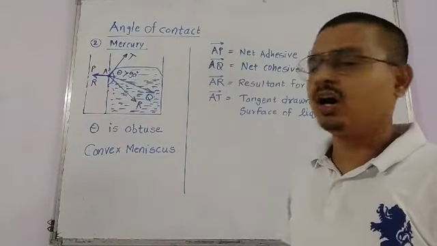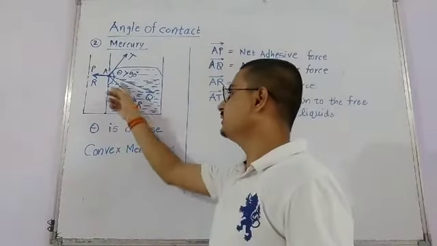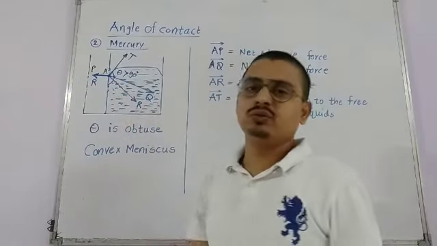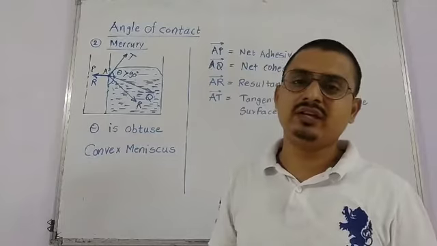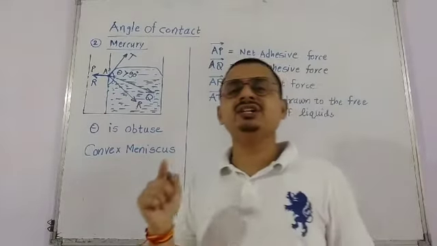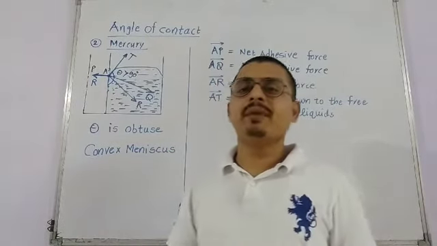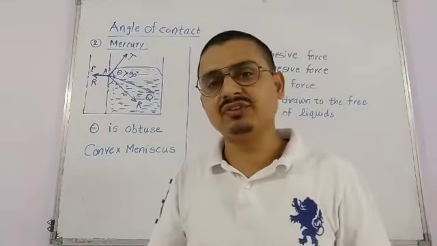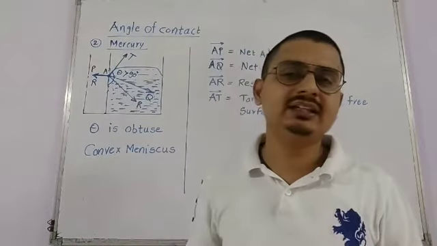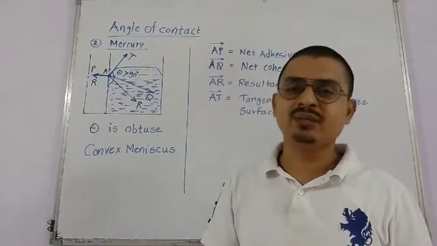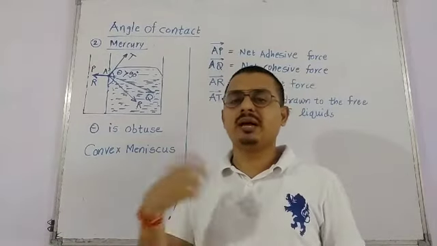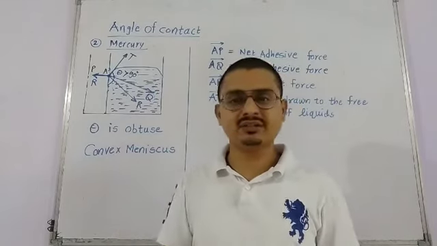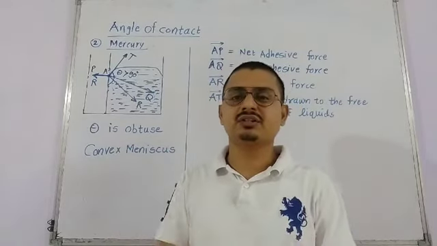So when we draw a perpendicular to this resultant force, we get a tangent to the surface of liquid. और ये tangent to the surface of liquid makes an angle with the surface of solid which is greater than 90, or obtuse in nature. So how mercury forms an obtuse angle or convex meniscus, that we have discussed.